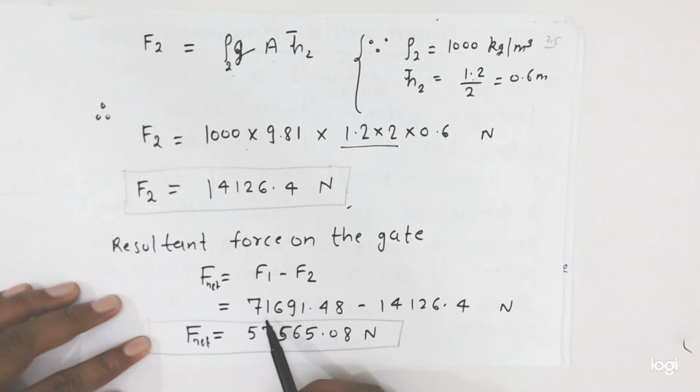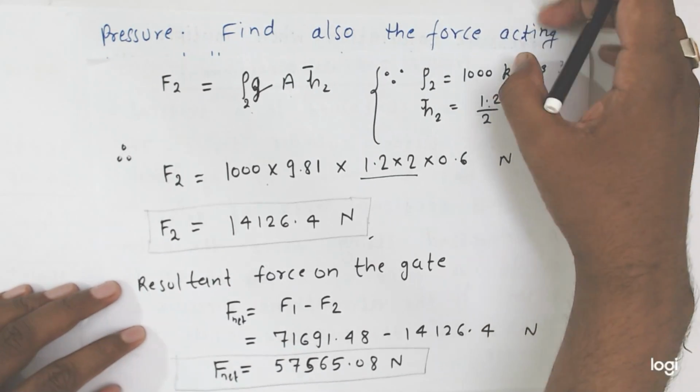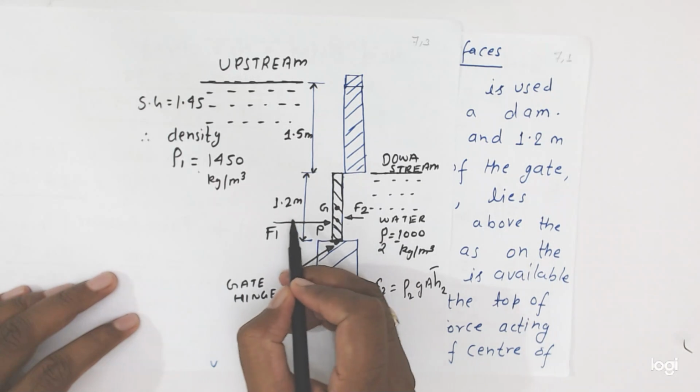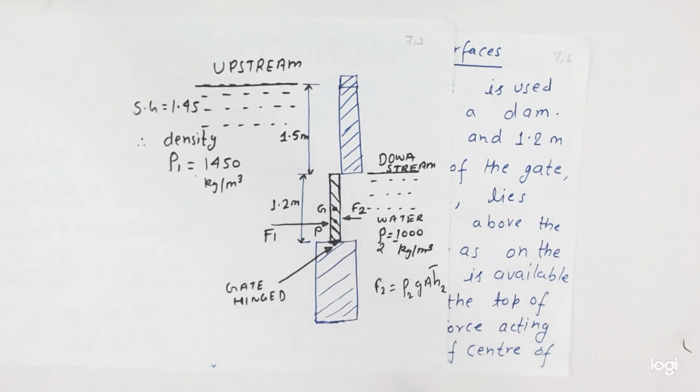So it will come 71,691.48 minus 14,126.4, and the value will come 57,565.08 Newton. So the resultant force works in this direction. Okay, friends.